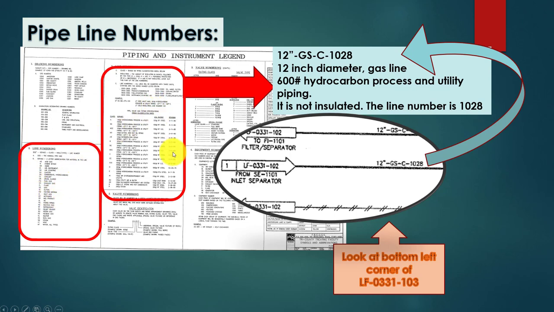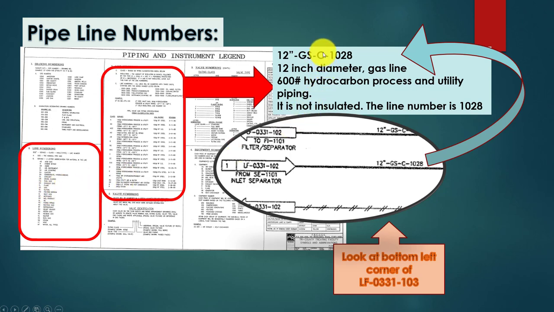And if you look at the columns on the same sheet, sheet 1, then you will see that, and I know that I didn't zoom in here, but you can look at the actual PDF to look at what that says. In here you have size, so the first item here is size, and so that just means that this is a 12-inch pipe. GS, the second item, would be a service. The service, in this case GS, means gas.